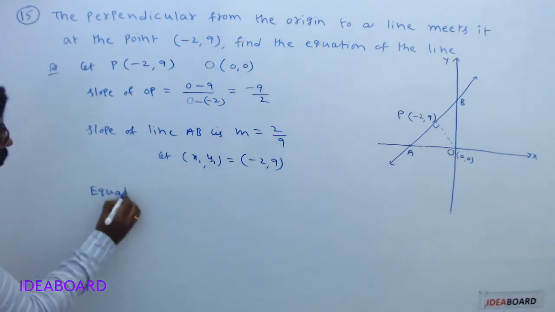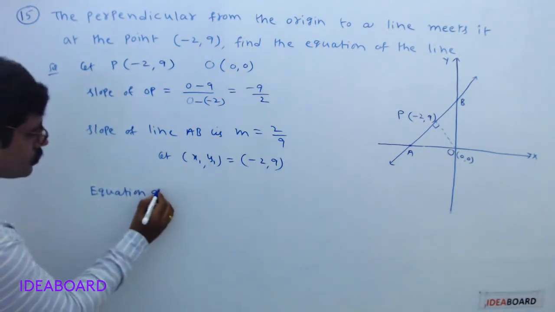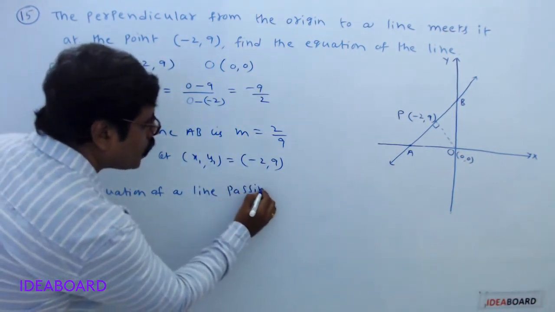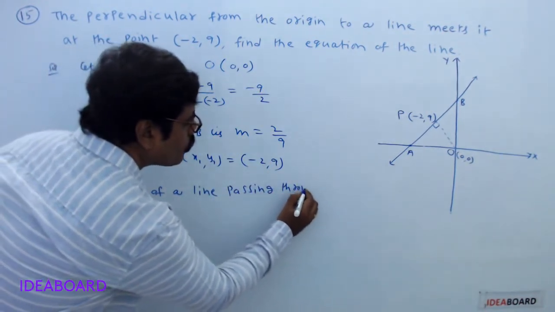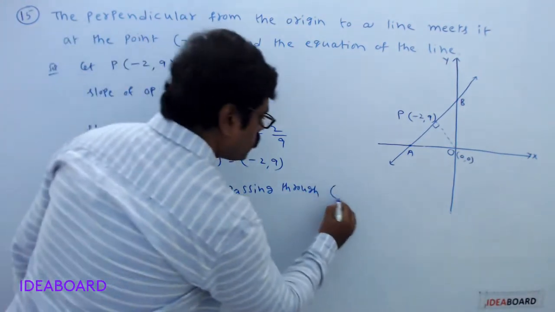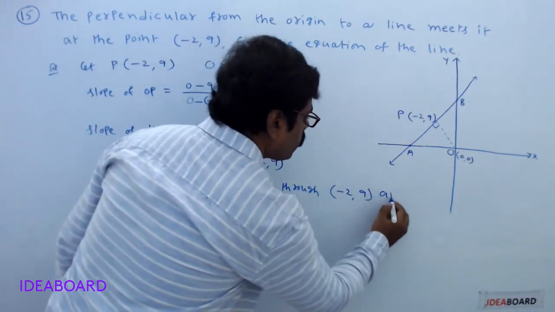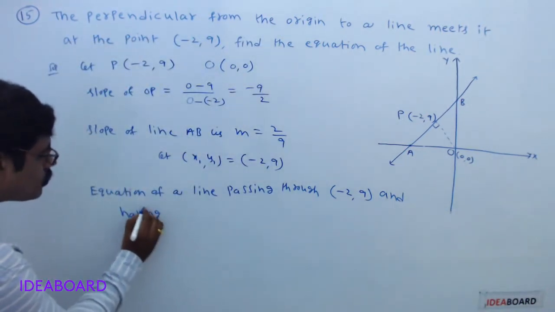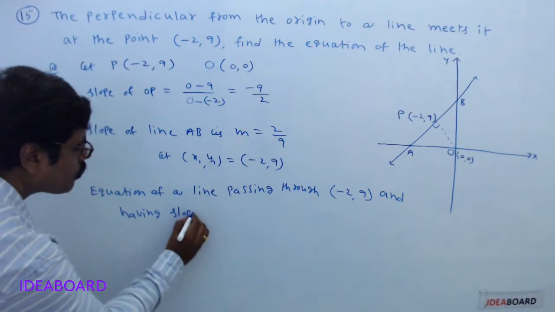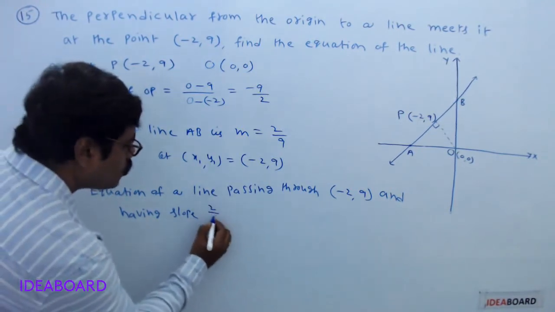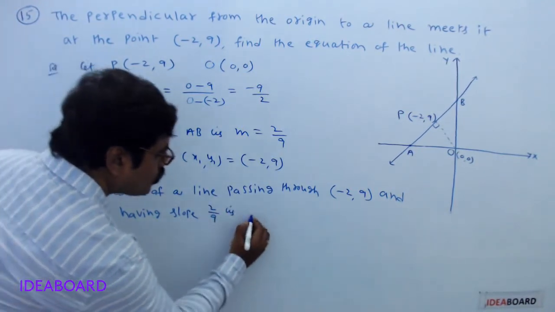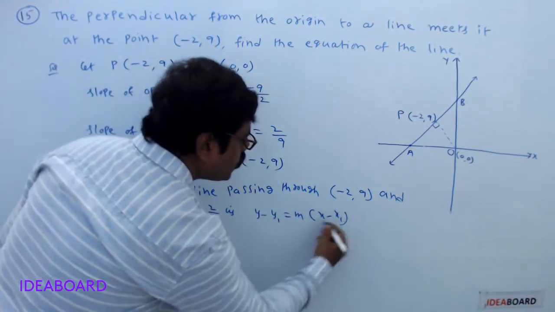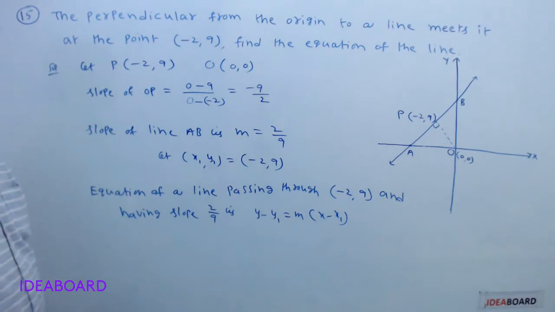So the equation of a line passing through minus 2, 9 and having slope 2 divided by 9 is y minus y1 equals m into x minus x1.